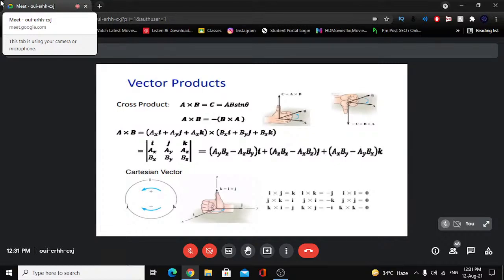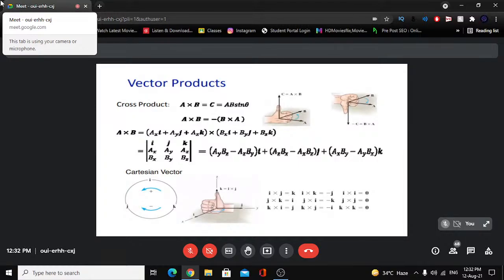So A cross B is equal to C. Now A cross B is written in this fashion. Suppose vector A is along any axis, and then we rotate. A cross B means we rotate from A to B, and the resultant vector is produced in the direction of the palm. So we follow the right hand palm rule.